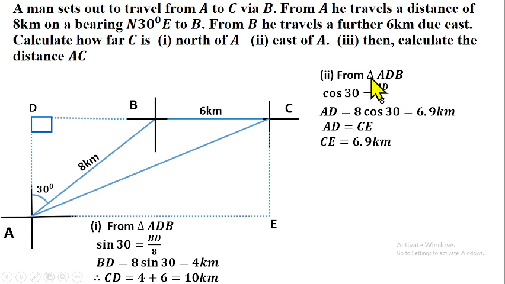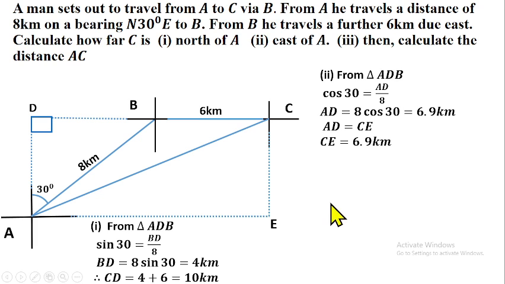So if you cross multiply from here, you have AD equal to 8 times cos 30. If you simplify that, it gives us 6.9 kilometers. So if AD is 6.9, that means CE is also 6.9. So that means C is 6.9 east of what? A. So C is 6.9 east of A. So that means from here to here is 6.9.